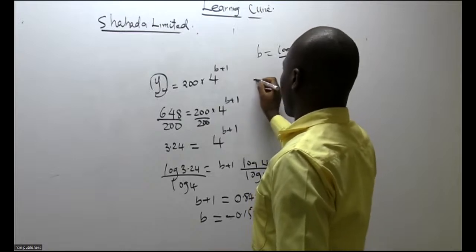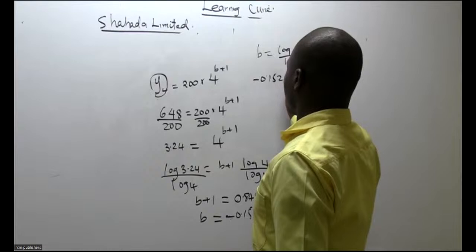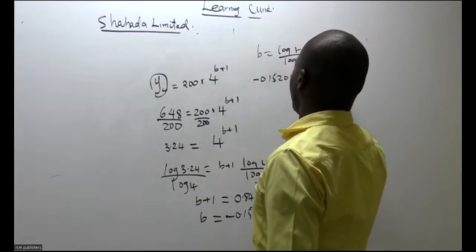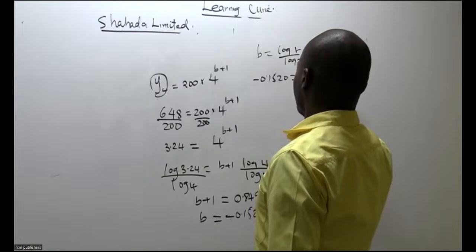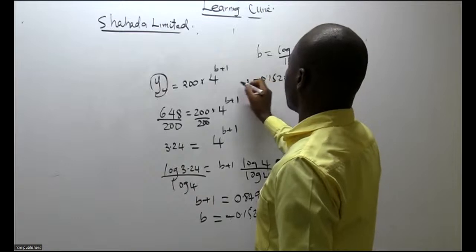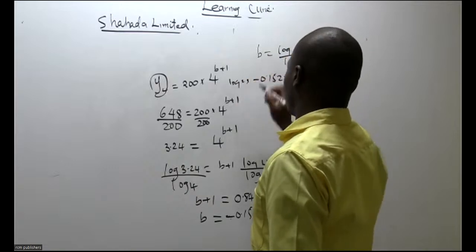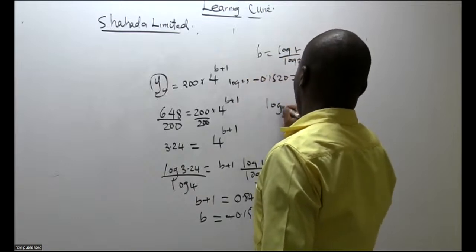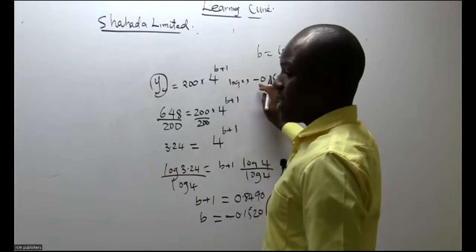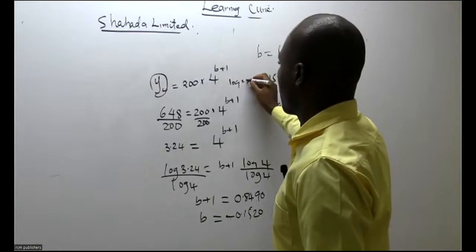We have B as negative 0.1520 is equal to log R, which we do not know, divided by log 2. So multiply both sides by log 2. Log R is equal to log 2 multiplied by that negative.